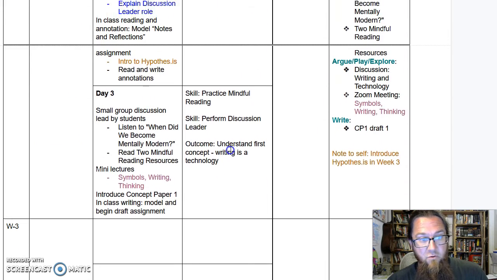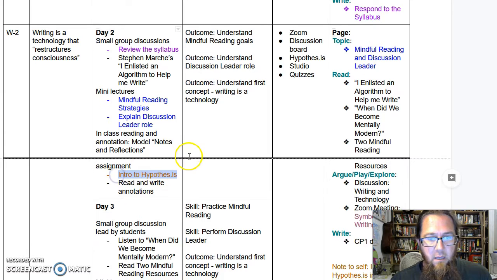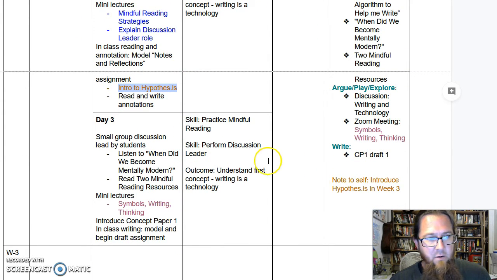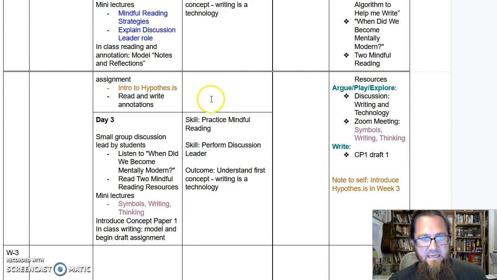Another thing I normally do on day 2 is introduce students to Hypothesis. I'm thinking that, man, we're already in an online class. We're being introduced to these different skills. We're playing with different tools. I think it would be a mistake to offer them one more thing. So I'm going to move Hypothesis to week 3.